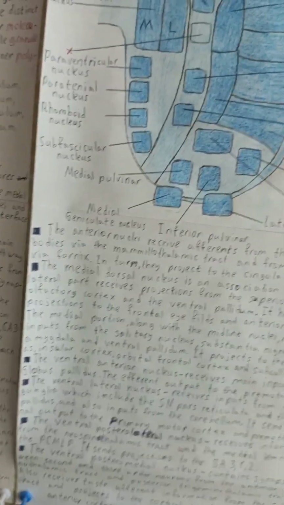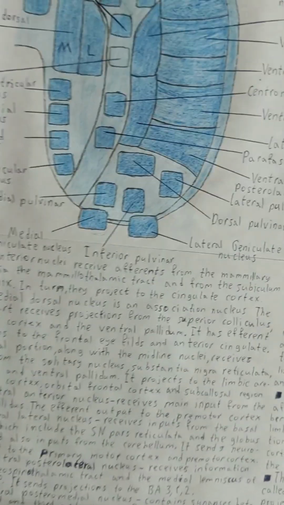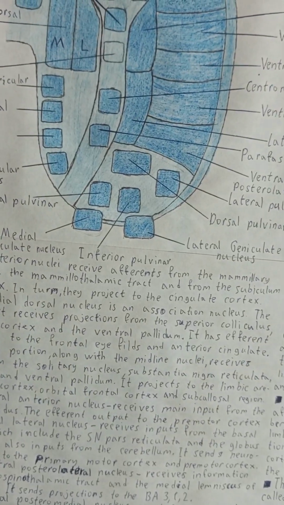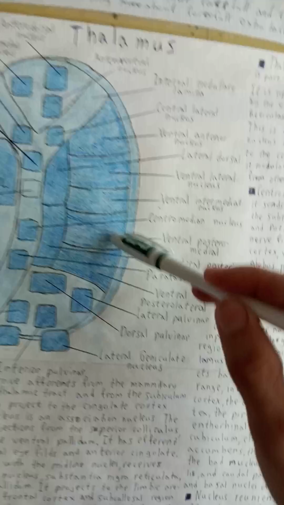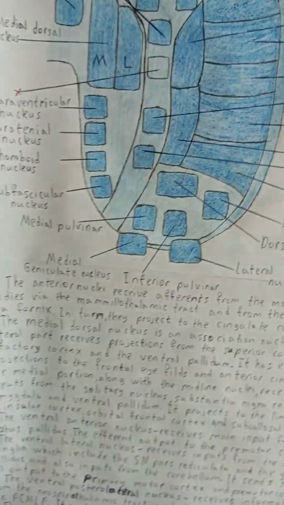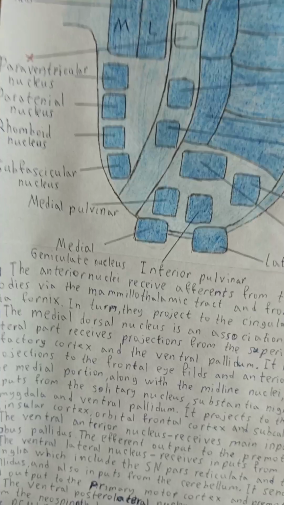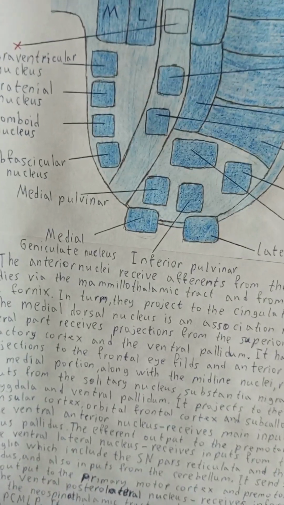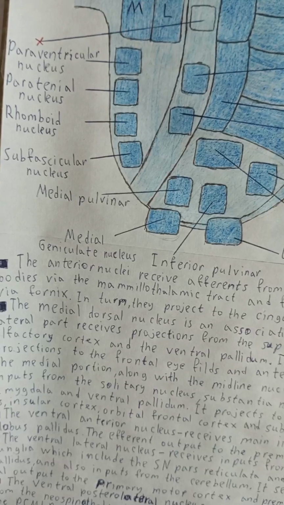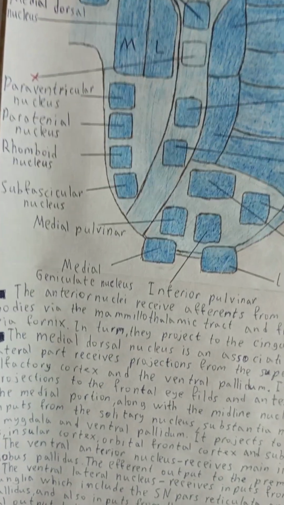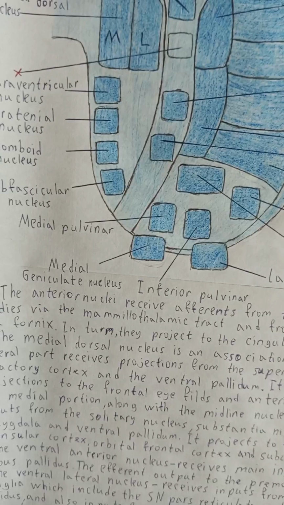Post-central. And lastly, the ventral posterior medial nucleus, which is here. The ventral posterior medial nucleus contains synapses between second and third order neurons from the anterior trigeminothalamic tract and posterior trigeminothalamic tract.